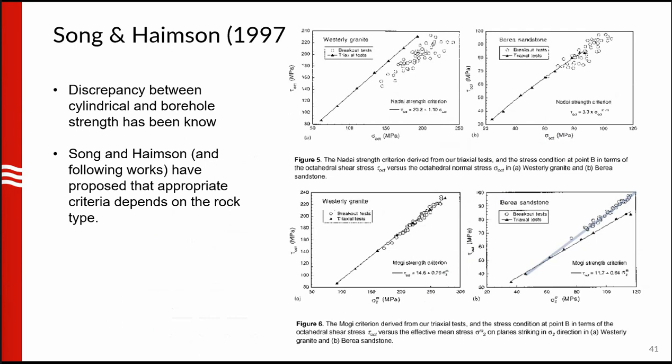One thing is that we know that with these true triaxial strength criteria, some criteria work for some rocks, other criteria work better for other rocks, and identifying why that happens is kind of the outstanding question in the literature still.